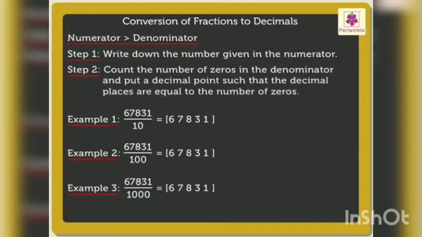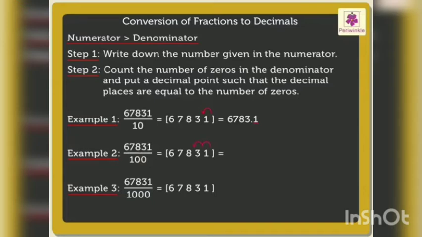In example 1, there is only one zero in the denominator. So, we count one place from the right towards left to place the decimal point. Thus, we get 6783.1. In the second example, there are two zeros in the denominator. So, we count two places from the right towards left to place the decimal point.